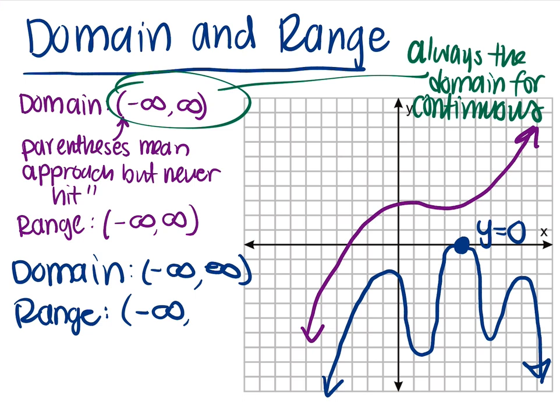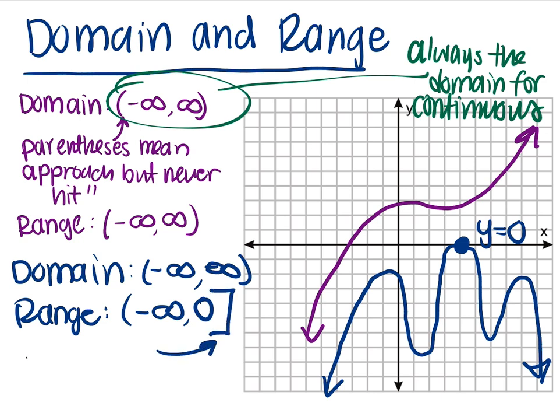But this has a maximum, or the highest part that it can go, and that is at 0. My graph is never going to go higher than 0, so that's what I put as my maximum, or the end of my range. And it looks like my graph does hit that point, so I'm going to use a closed bracket.